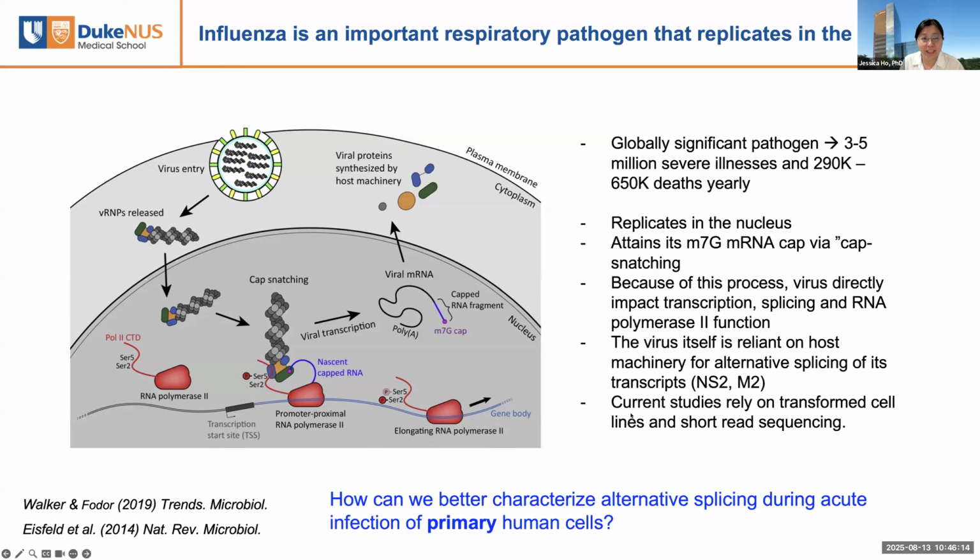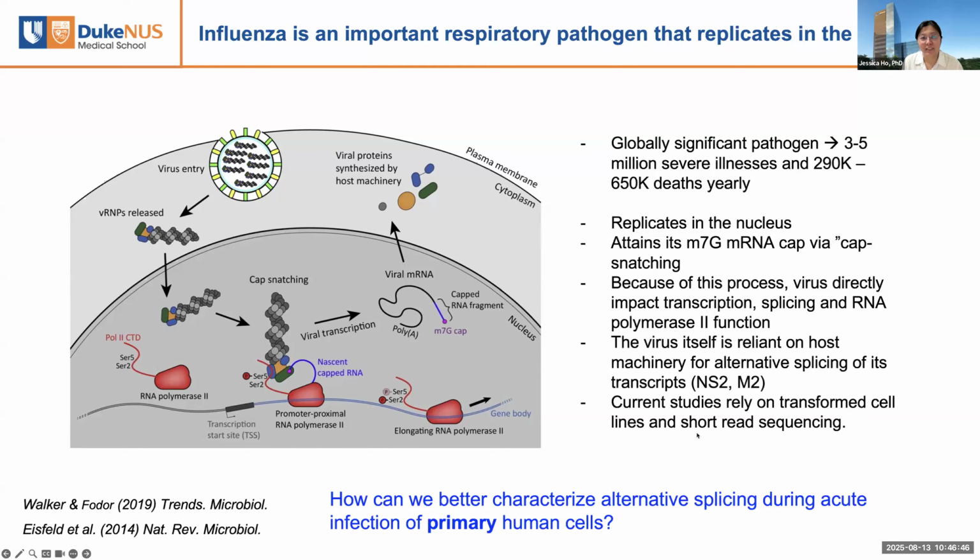There have been some studies on this in the past, but many of these studies relied on transformed cells like A549 cells, so these are immortalized or cancer cell lines, and short read sequencing. Since splicing is such a tissue-specific or cell state-specific event, we were wondering if it would be interesting to characterize alternative splicing in primary human cells to get a more physiologically relevant picture of what is happening during infection.